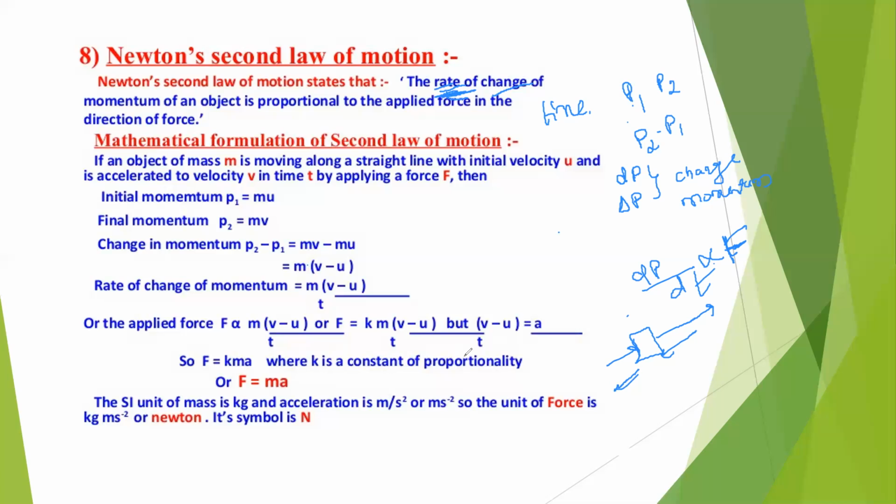Next, the final momentum. Why are we writing initial and final momentum here? Because we need to take the change in momentum. Therefore the initial momentum is mu and the final momentum is mv. Then the change in momentum is P2 minus P1 is equal to mv minus mu.